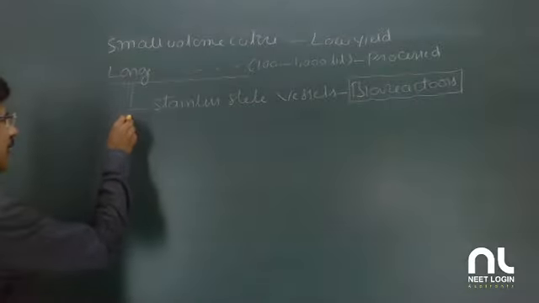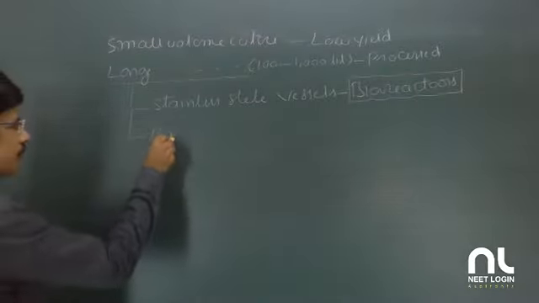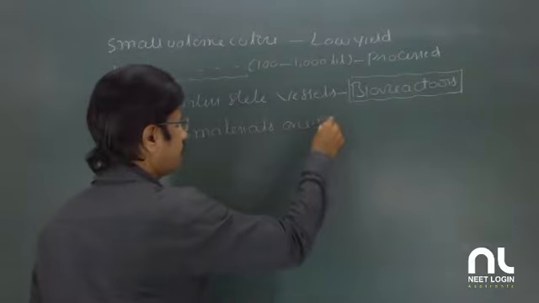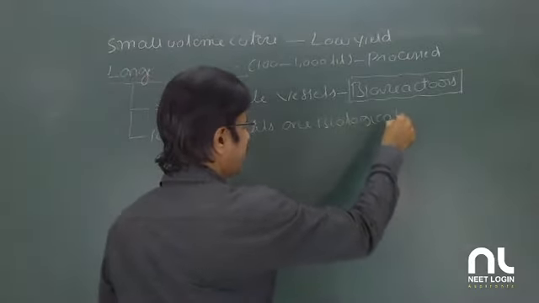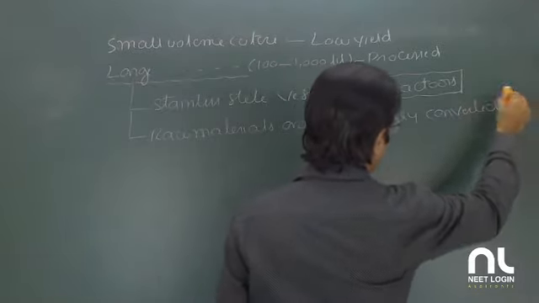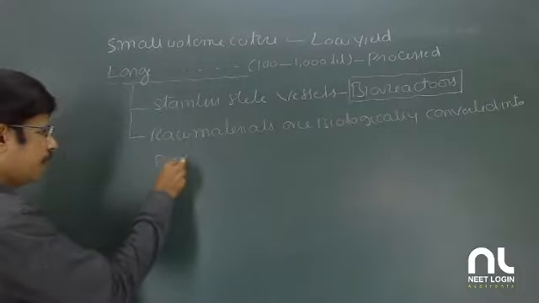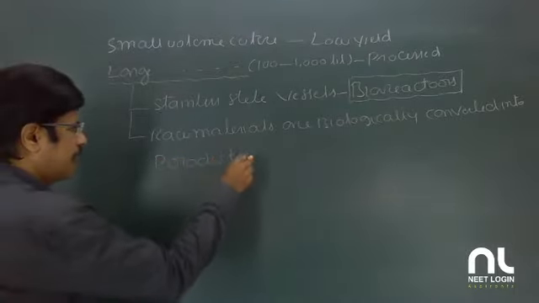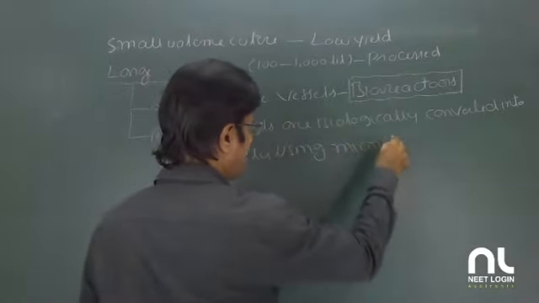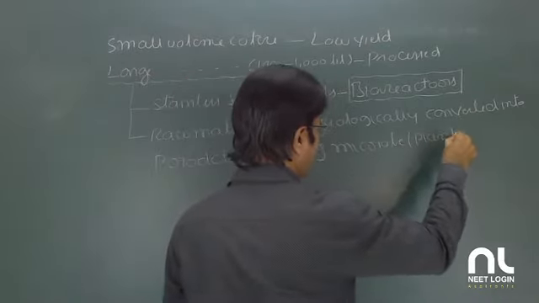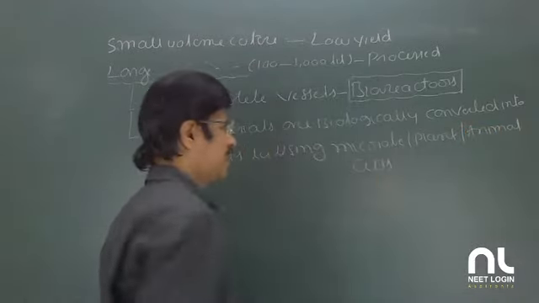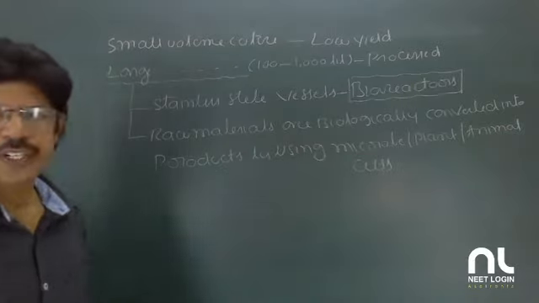So in bioreactors, raw materials are biologically converted into products by using microbes, plants, or animal cells in large quantities.